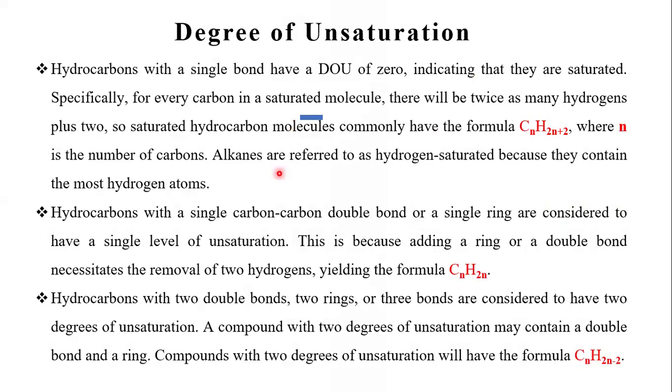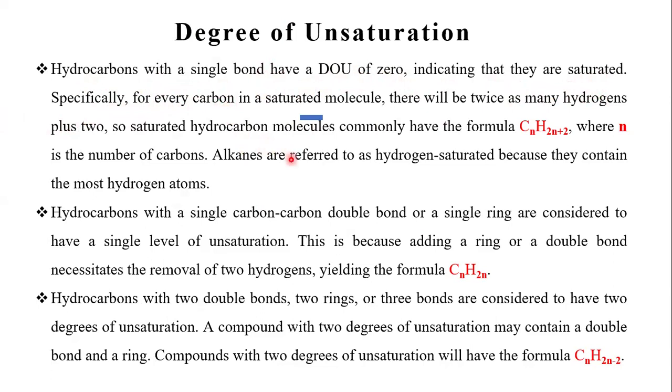Degree of unsaturation. Hydrogen atoms with single bonds have a DOU, which is degree of unsaturation, of 0, indicating that they are saturated. Specifically, for every carbon in a saturated molecule, there will be twice as many hydrogen plus 2.